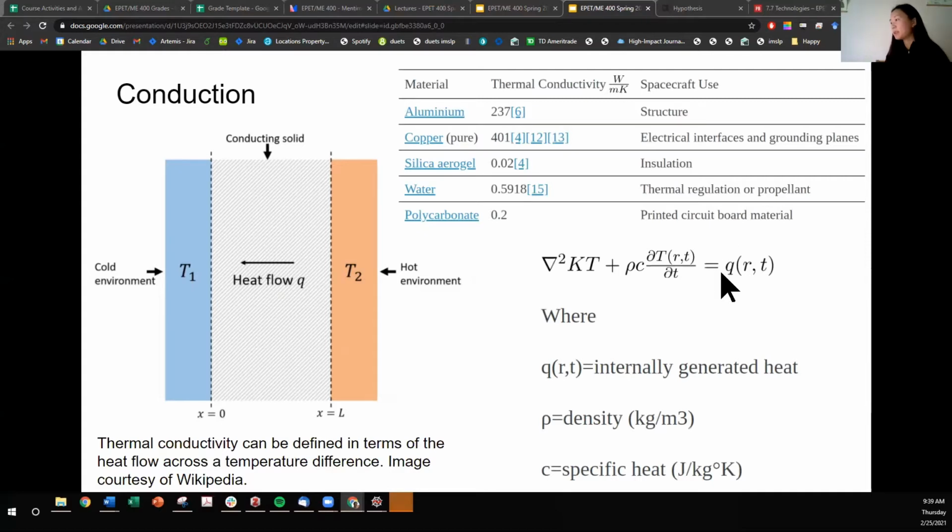The amount of heat that is transferred is related to the thermal conductivity and the temperature difference, but also the density of the material, the specific heat of the material, and the temperature over time. So this equation is a little bit more rigorous in that you can define time as well, not just a function like instantaneously this is the amount of heat that is transferred. This equation is more about the time solution.